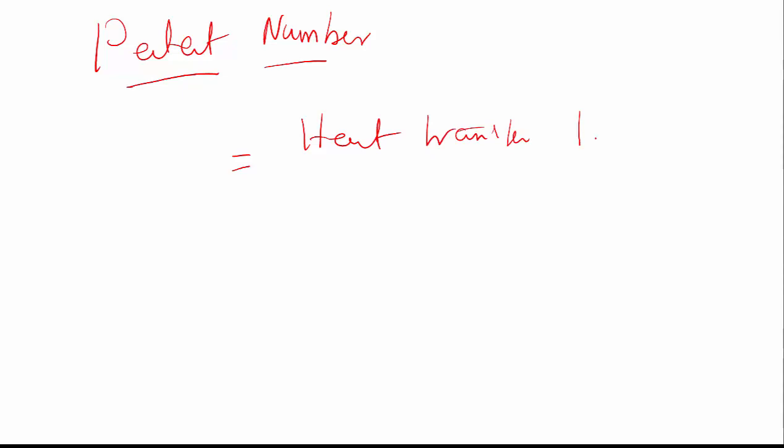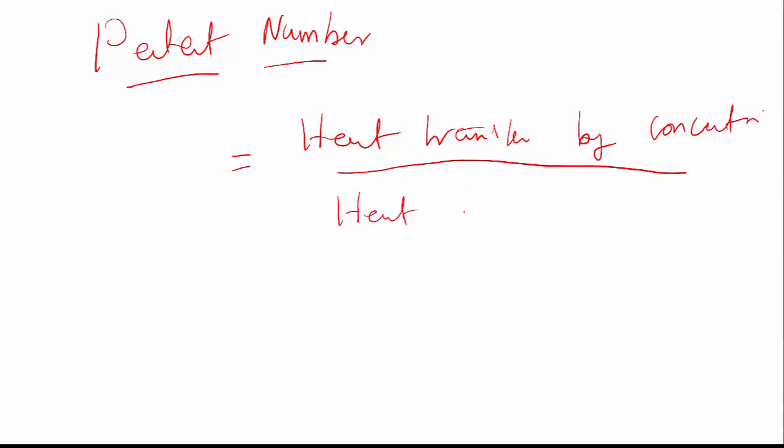Then the Peclet number is the ratio between heat transfer by convection divided by heat transfer by conduction. This also gives details for the relation between conduction and convection, similar to the Nusselt number.